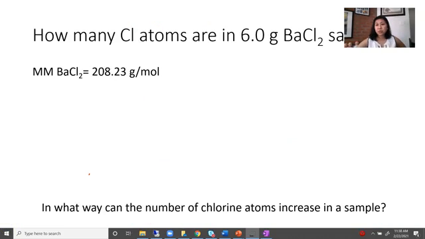So when we're dealing with a calculation like this, we're asked to find a particular atom in that molecule, or a particular portion in that sample. I'm going to show you the long method, and I'm going to show you a shortcut method to make your lives easier.